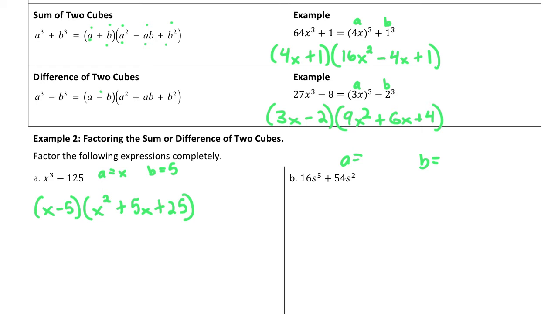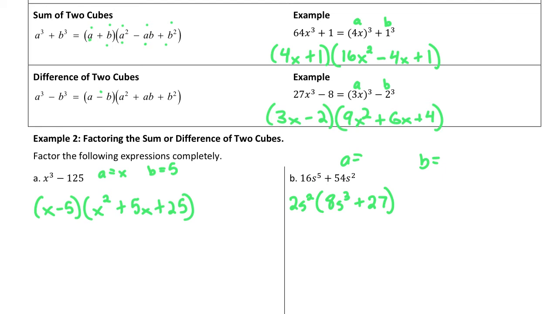That's the only thing I can think of. So if I factor out a 2 and an s squared, I am left with 8s cubed plus 27, okay? Because all I can factor out is a 2s squared, but that helps us a little bit.